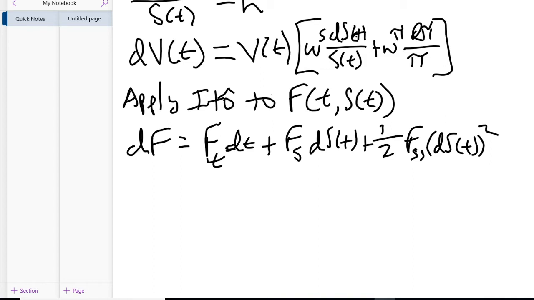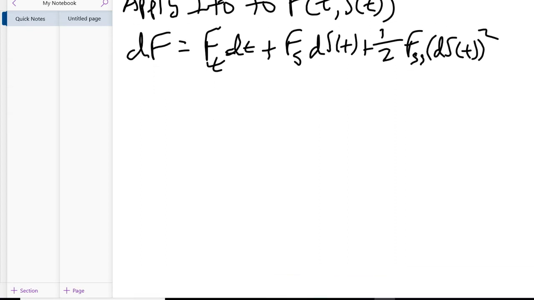Now, we know something in this equation already. We know dS_t, since we defined it in the problem formulation. It's given by the geometric Brownian motion. So we can fill that in.